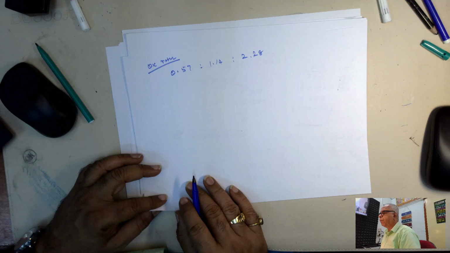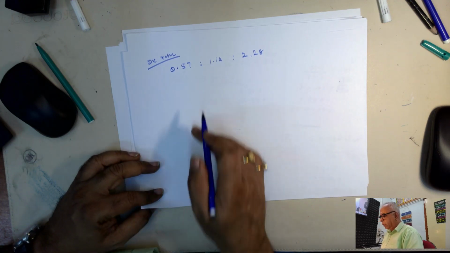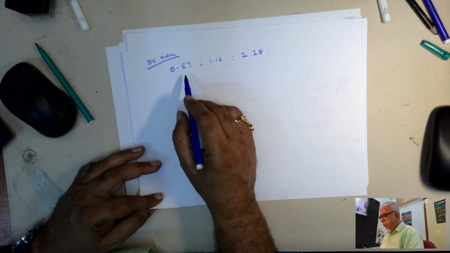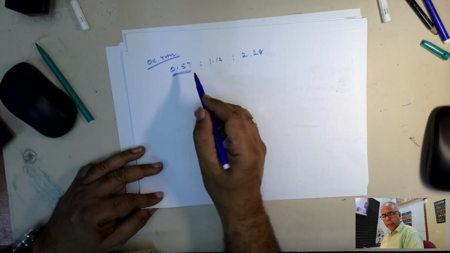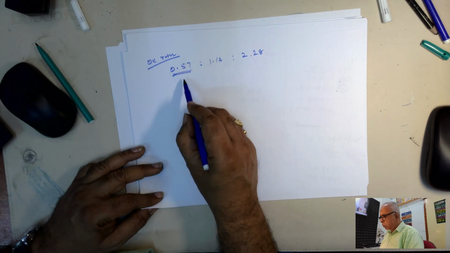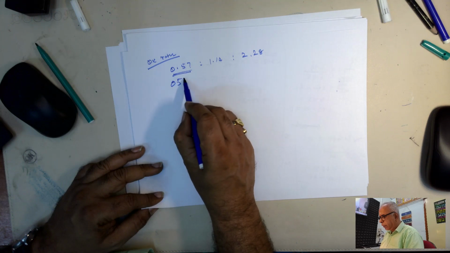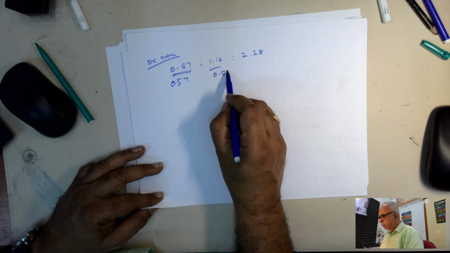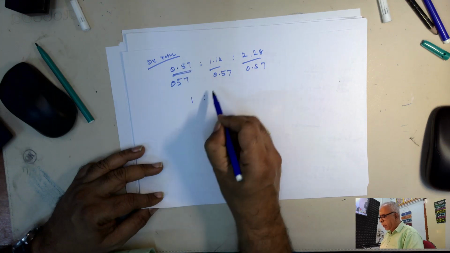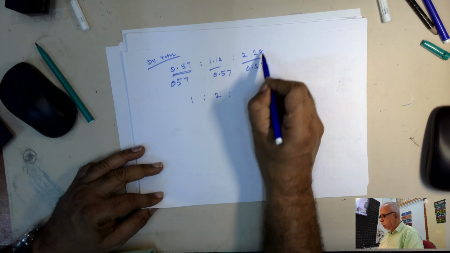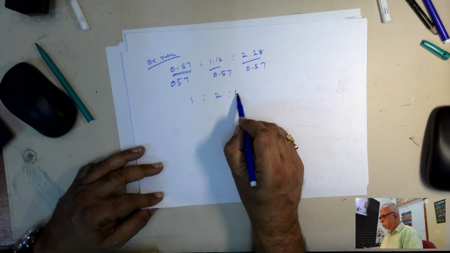Now, what is the simplified ratio? Let us divide by 0.57, 0.57, 0.57. Now this becomes 1 is to, what about this, 2 is to, what about this, 4.